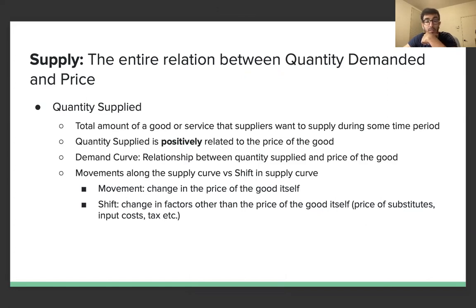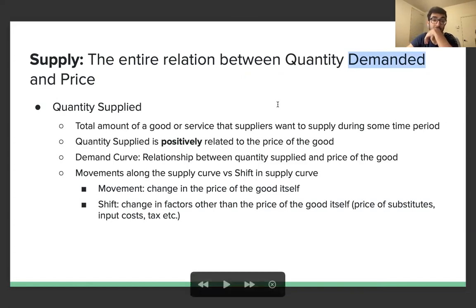Okay, then we move on to supply. Just like demand, it's the entire relation between, this should be quantity supplied. I'm sorry about all the errors on the slides. It's the entire relation between quantity supplied and price. And again, quantity supplied is the amount at each price point that the producer is willing to supply.